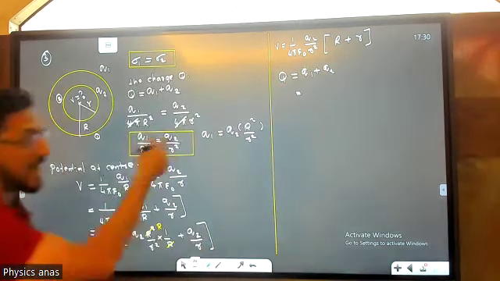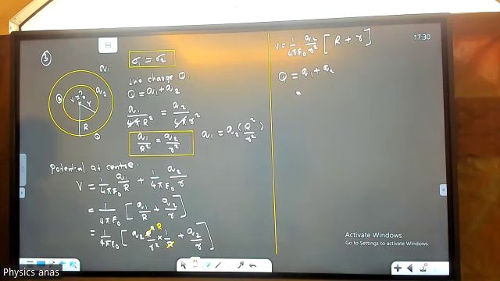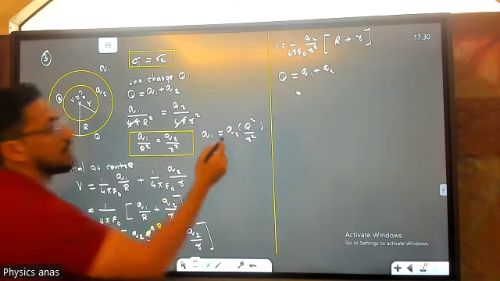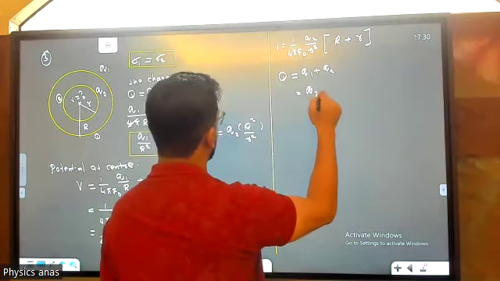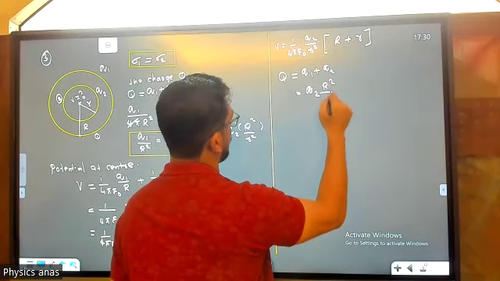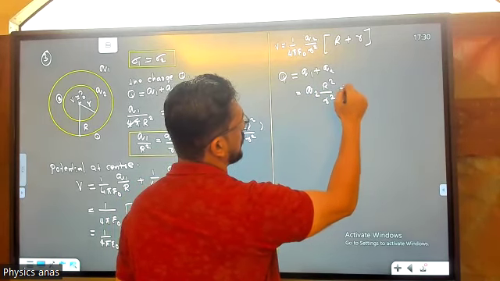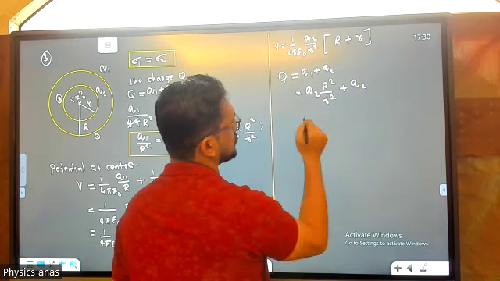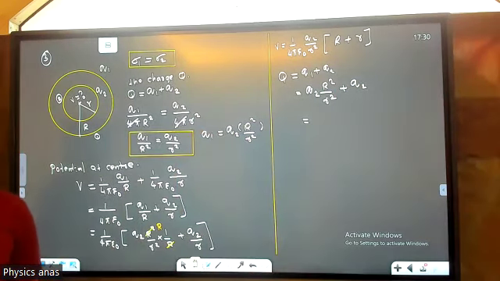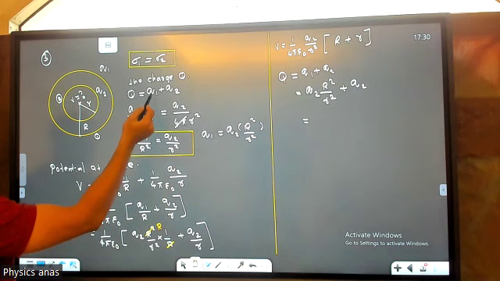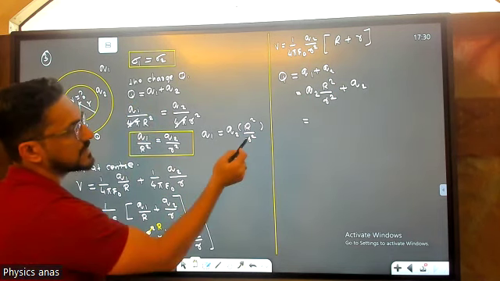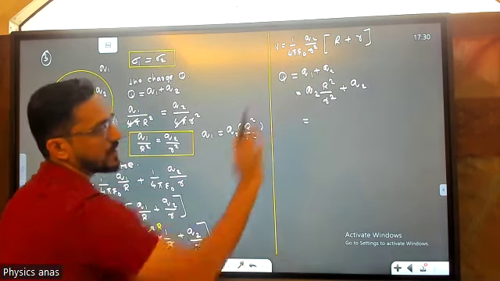And we have already found the value of Q1. What is the value of Q1? Q1 is Q2 into capital R square divided by small r square plus Q2 R square.